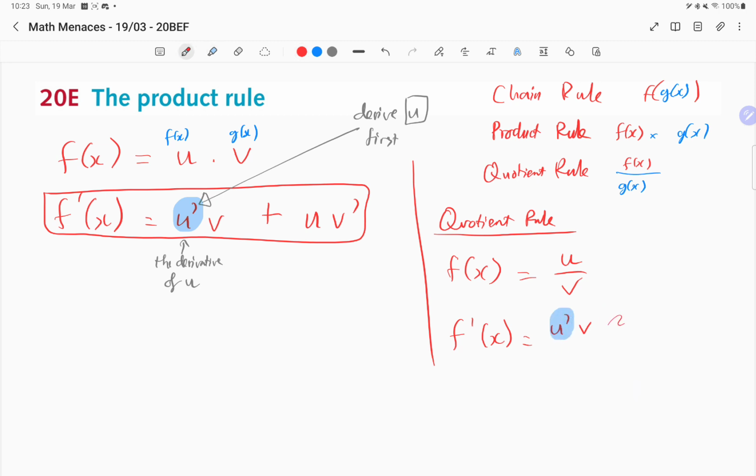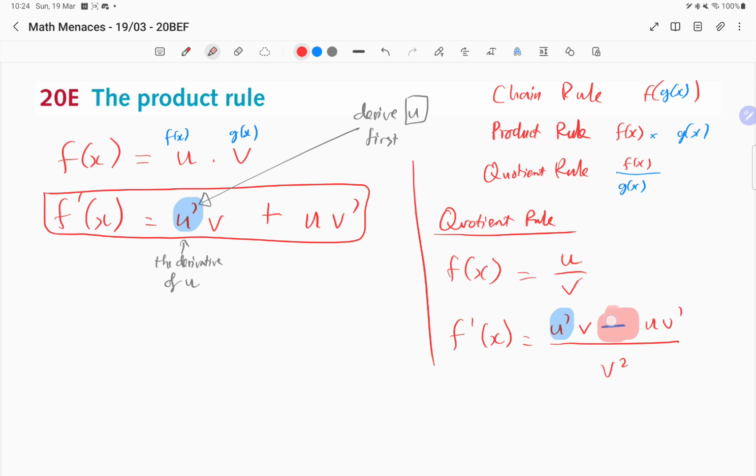U dash v minus u v dash over v squared. So the quotient rule is a bit different. As you can see, the quotient rule is a little bit more involved, right? It looks similar to the product rule. However, product rule is a plus between these two.